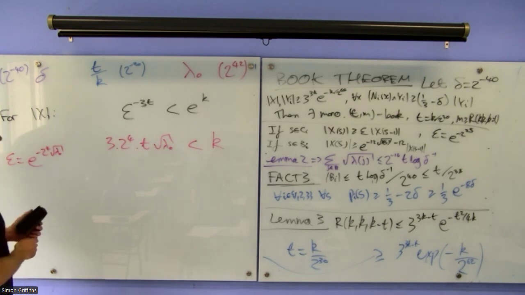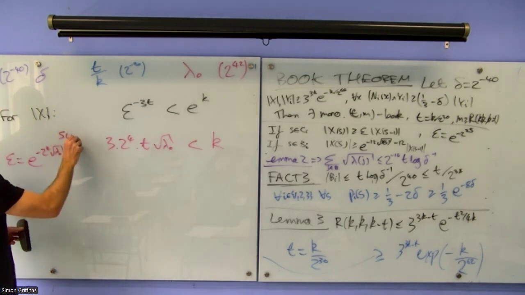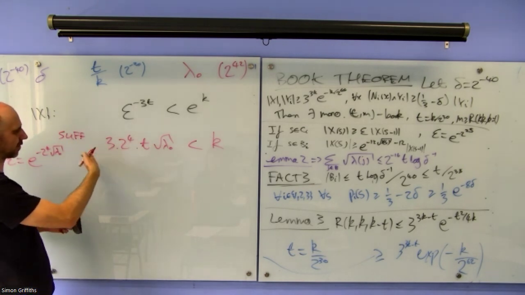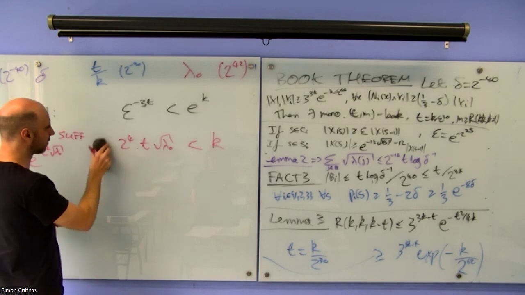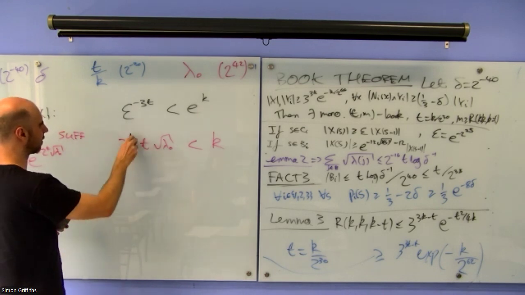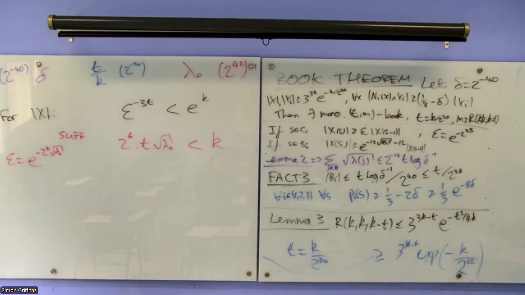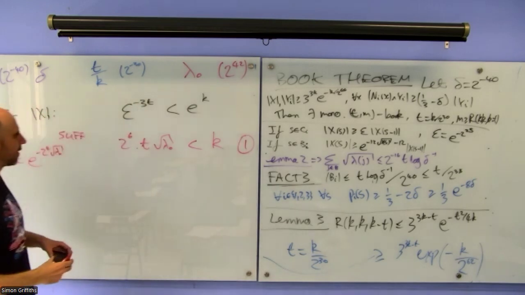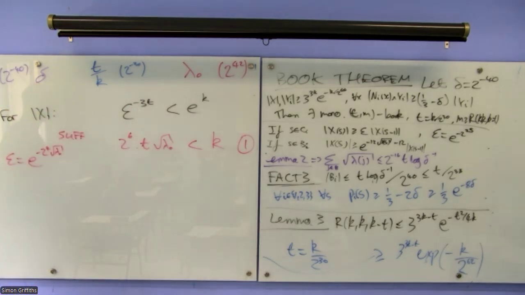In other words, let's just simplify this. It's sufficient to turn this into 2 to the 6, whatever it says, sufficient. But that's like our first condition you might want to satisfy. This relates the different parameters.